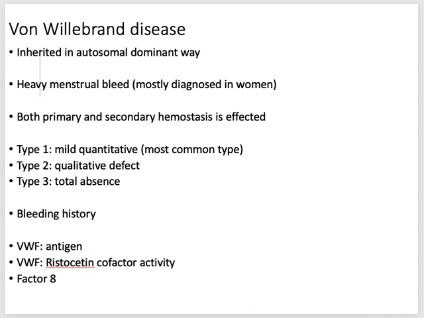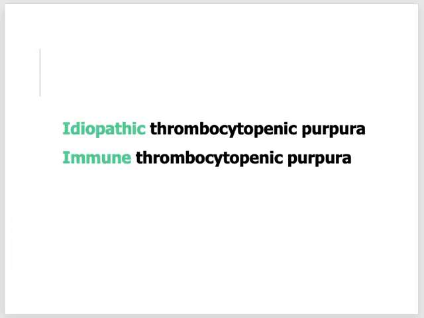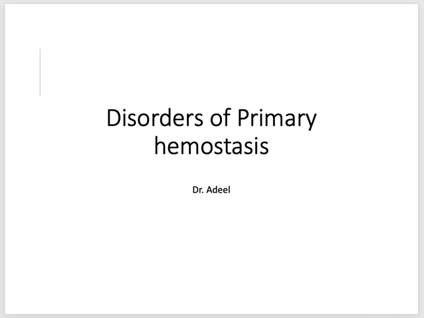So that's it for the diseases of primary hemostasis. Our next lecture will be about diseases of secondary hemostasis, and in that one we will cover hypercoagulable states as well, and then we will go on to the malignancies.